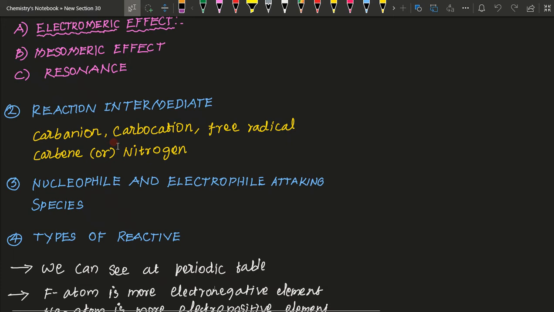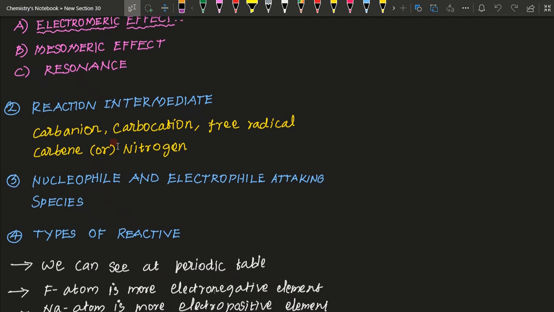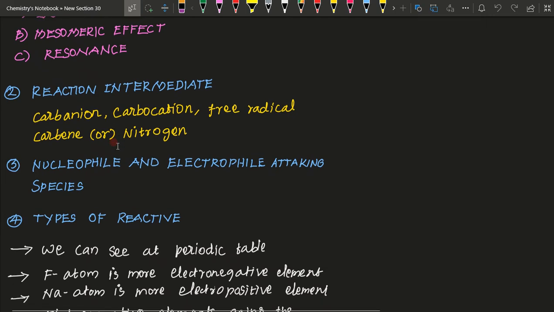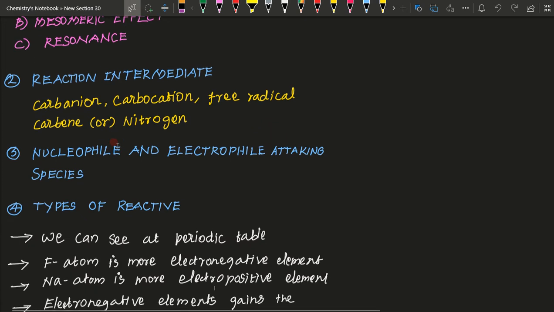It may be carbanion, carbocation, free radical, carbene or nitrene. Next, nucleophile and electrophile attacking species.